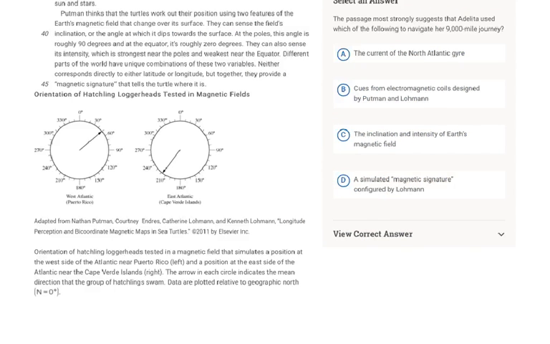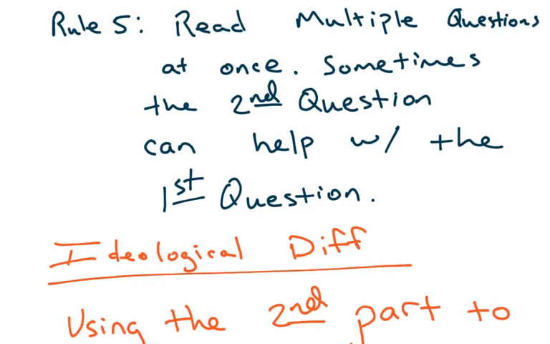This brings up rule number 5, which is read multiple questions at once. There are a lot of questions on the SAT that say, which of the following lines confirms the previous question? And sometimes if you're struggling with the initial question, you can use the second one to get an idea of where the question comes from.